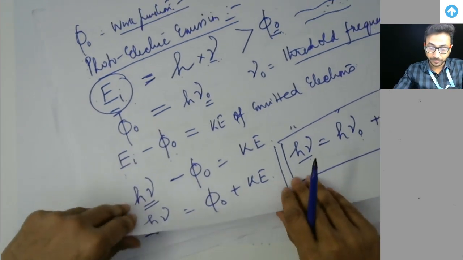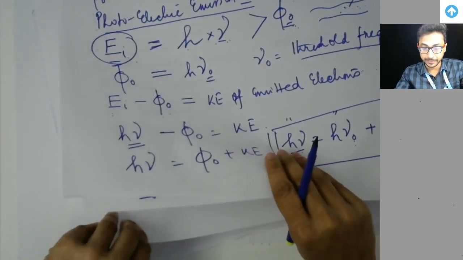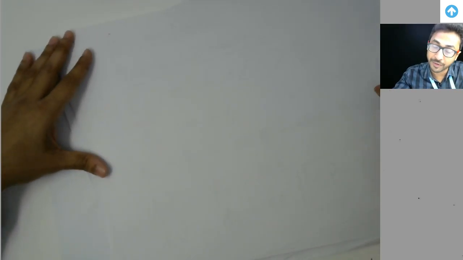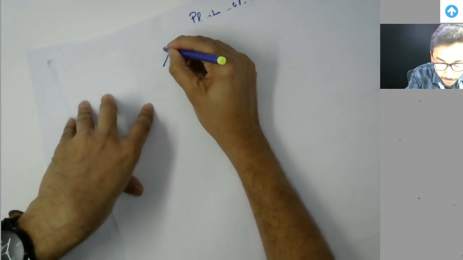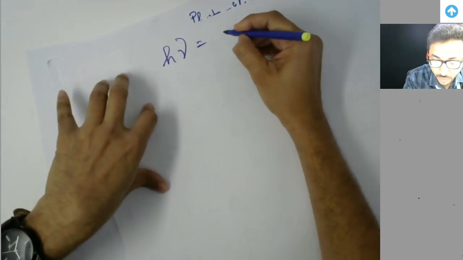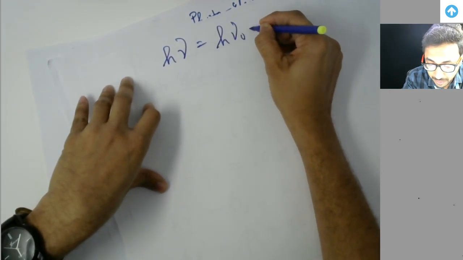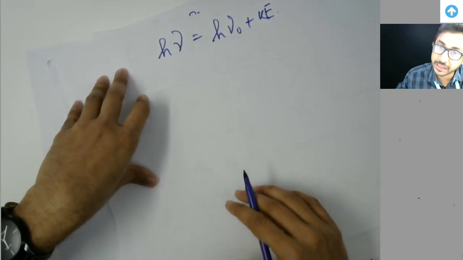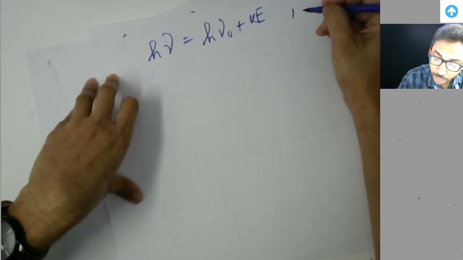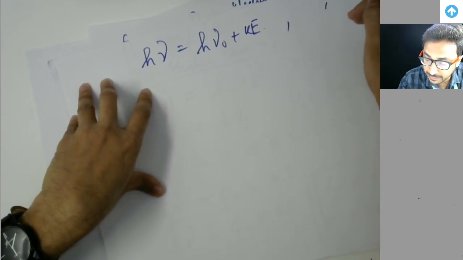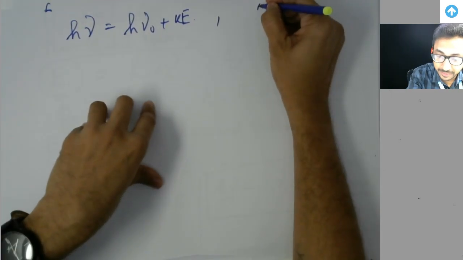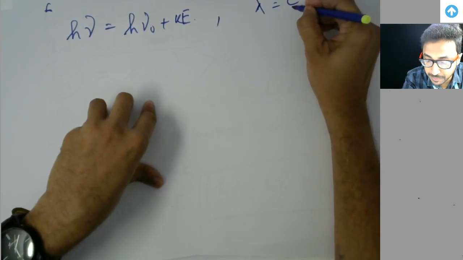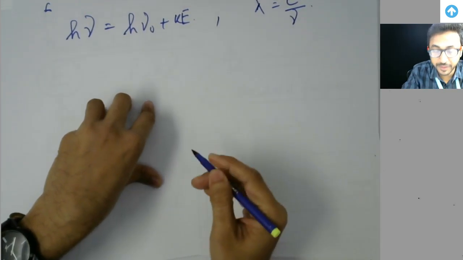Now, we can modify this equation in terms of wavelength. We have written h nu equals h nu 0 plus maximum kinetic energy. Now, you know that wavelength equals the speed divided by frequency.